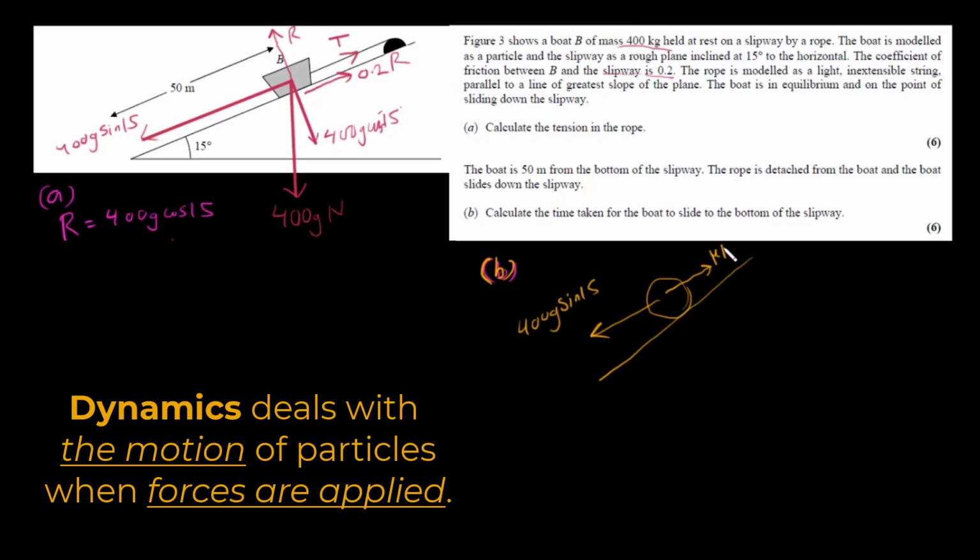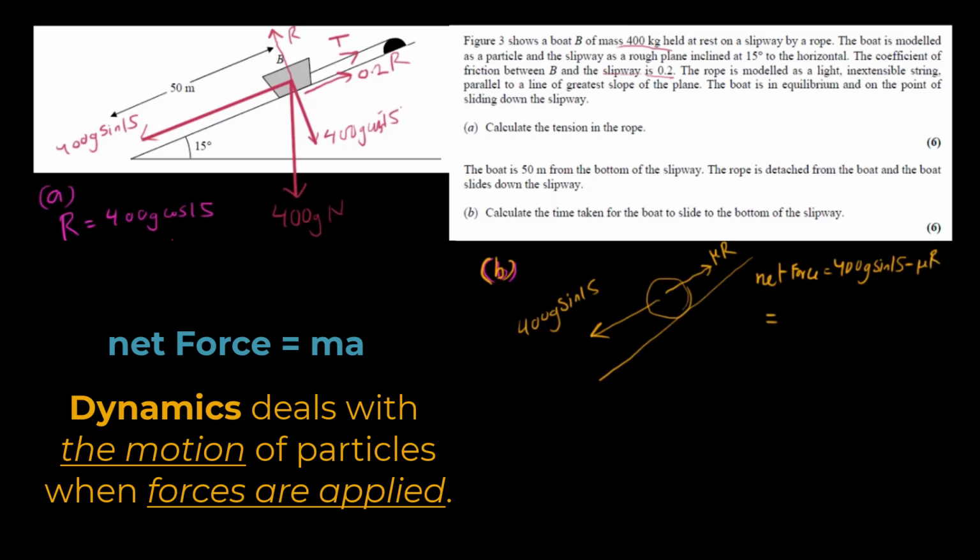So the net force, which gives us mass into acceleration, is 400g sine 15 minus mu R.